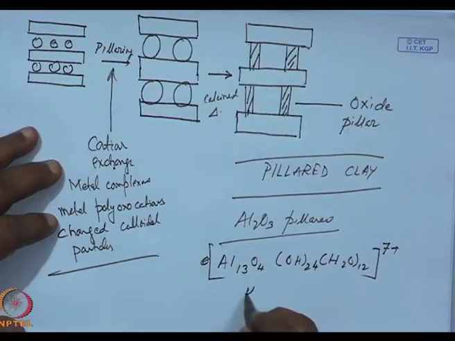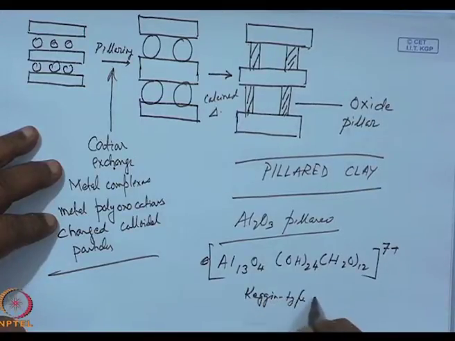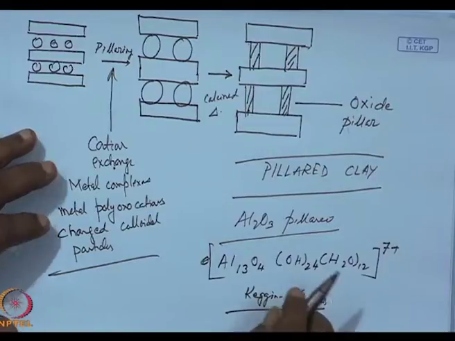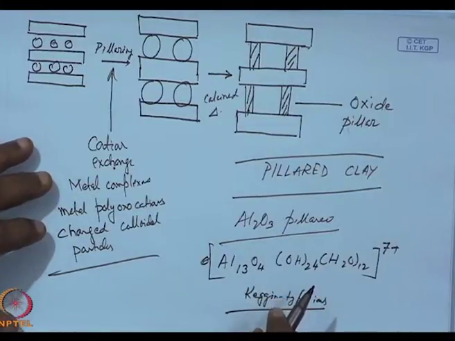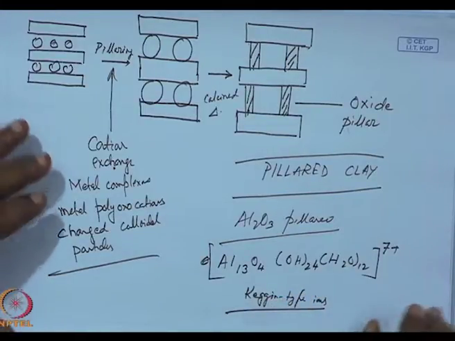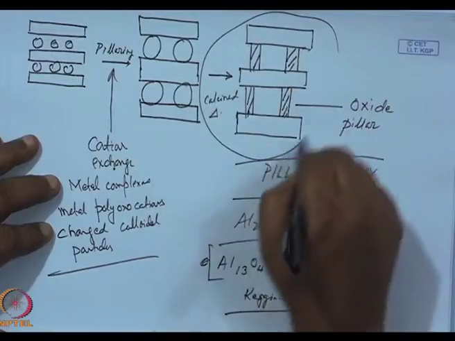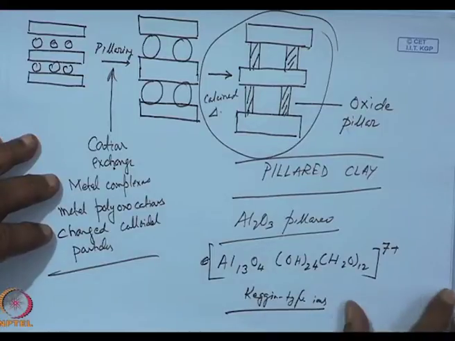These are called Keggin type ions, and then they are heated to above 400 degrees centigrade when we get this aluminium oxide pillared clay.